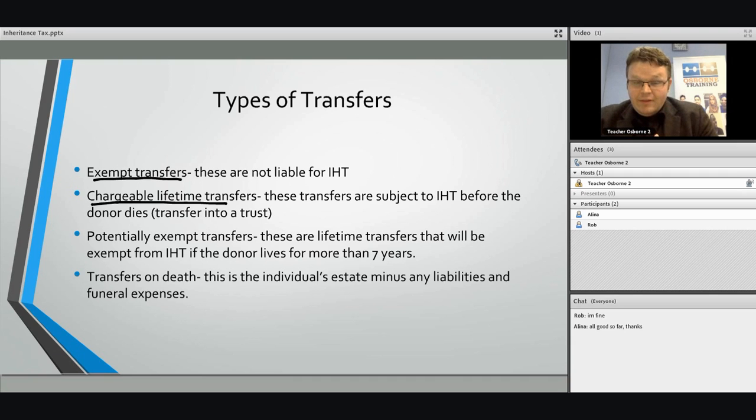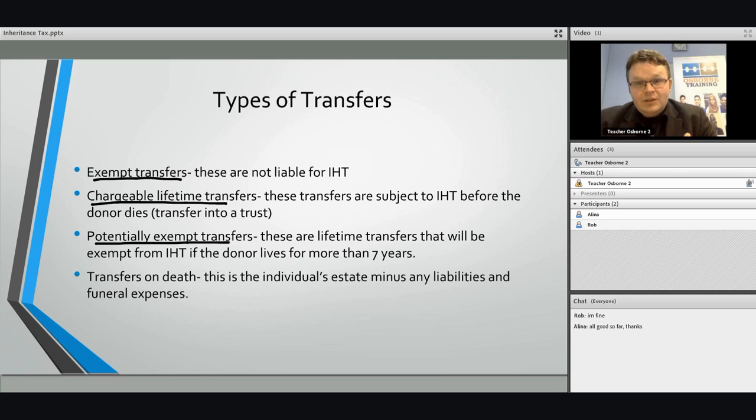Now, the third type we have are what are known as potentially exempt transfers. Potentially exempt transfers, as the name says, might be exempt from IHT if the person lives for more than 7 years.